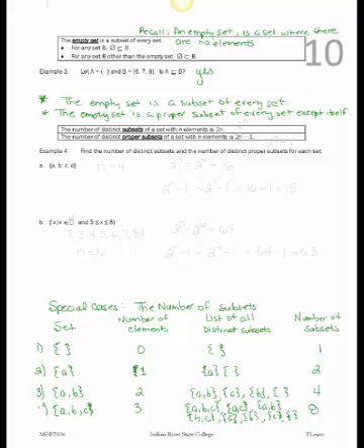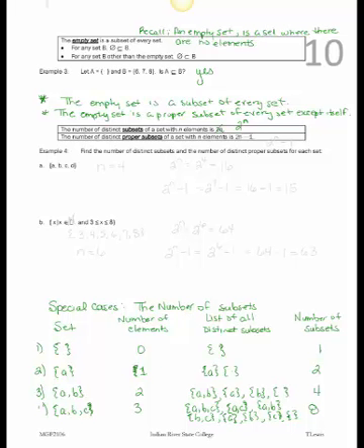If a set contains n elements, how many distinct subsets can be formed? And this is what's going to lead us into our example 4, the number of distinct subsets. So the formula that we're going to use, the number of distinct subsets of a set with n elements is, now this is a typo here, our formula is 2 to the n power.